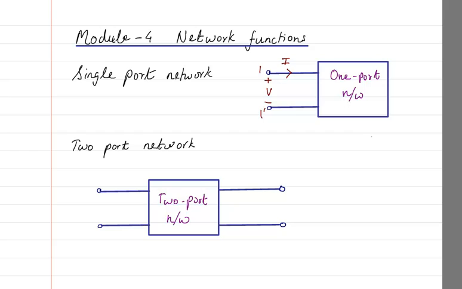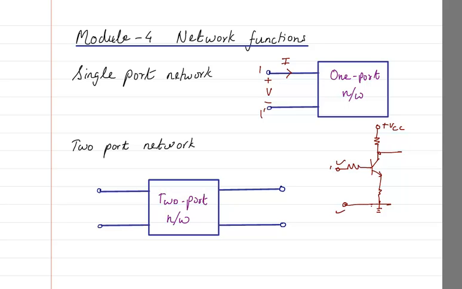For example, suppose you are talking of a transistor based circuit, then you can imagine that this is having an input like this. If you want to connect any input voltage which we want to amplify, then we have to connect it at this point.